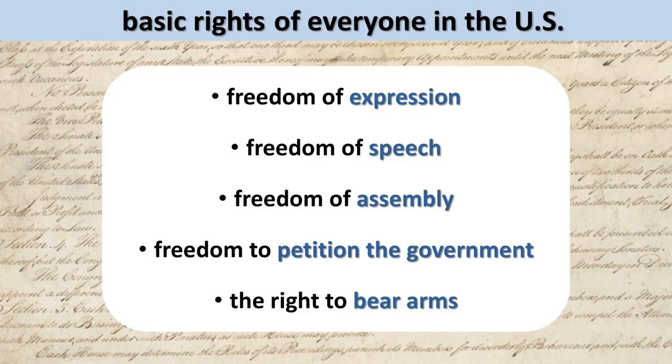When a state government acts unconstitutionally, it is the job of the executive branch of federal government to step in and enforce the law. This happened sometimes during the civil rights movement.